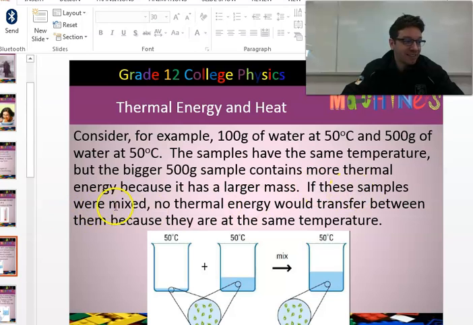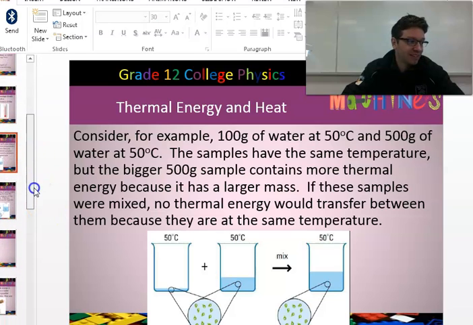Now, if you were to mix these together, you're not going to get thermal energy to transfer from one to the other because they're at the same temperature. Okay, you'll simply get 600 grams of water at 50 degrees Celsius. So in total, you'll have more thermal energy here than in either of the two separately. But the temperature will remain the same and there's no heat.